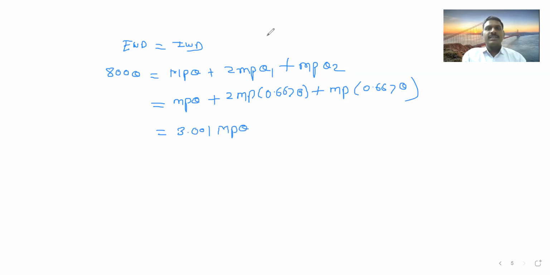3.001 Mp theta. Is this correct? Please, others. 3.001 means it is 3 Mp. It will be acting as 3 Mp. So this is 800 theta.